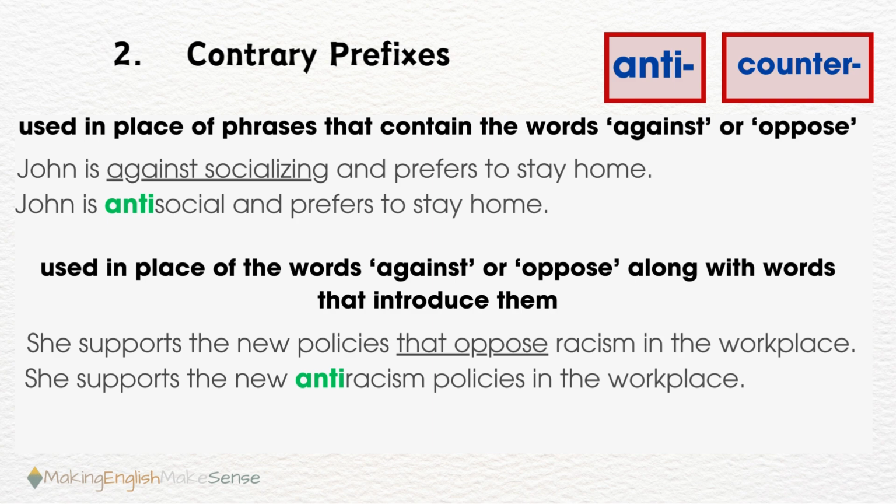This time, the prefix anti is combined with the word racism and is used in place of the word oppose. And because oppose is no longer there, the word that, which introduced the word oppose, is also removed.